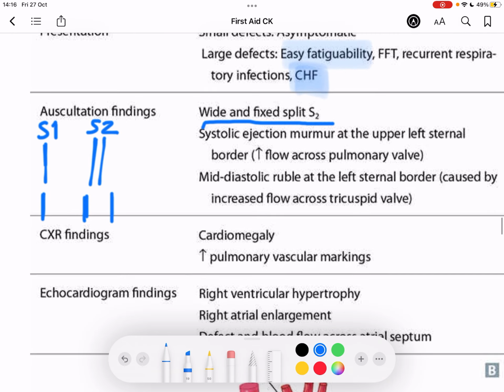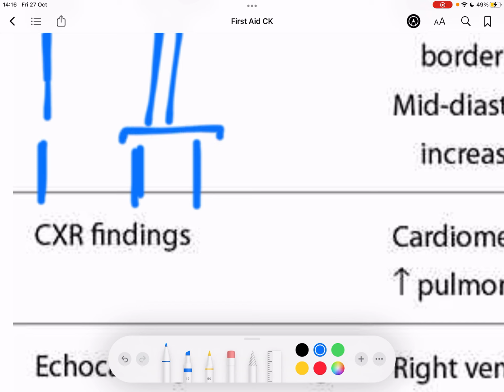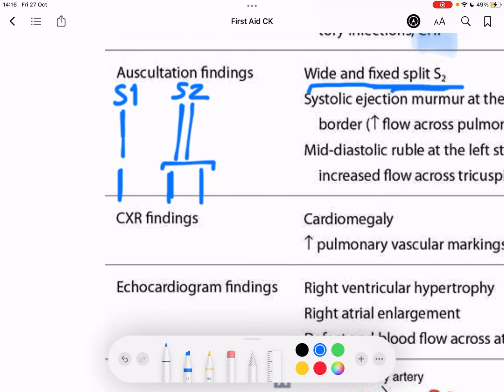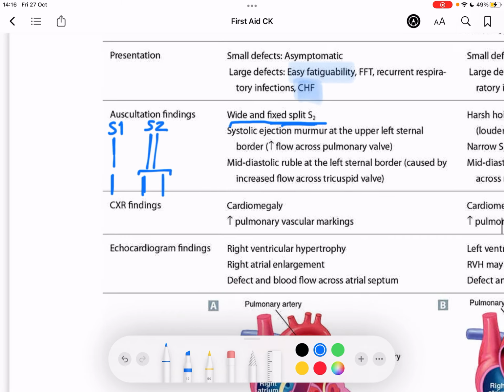But the fixed split S2 just means that this specific splitting doesn't change with inspiration and expiration, okay? Whereas when we have some other conditions, we can have a widened S2, okay? But this causes a fixed S2, i.e. it is widened, but it doesn't change with inspiration and expiration. And do remember that's very high yield.